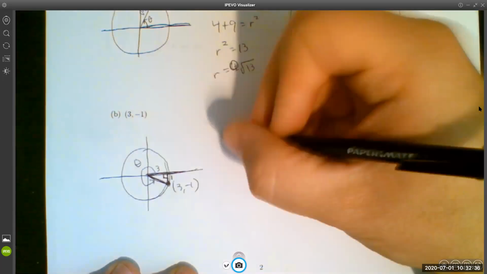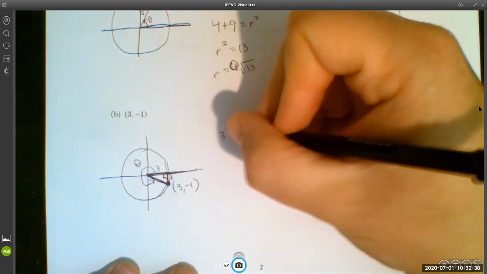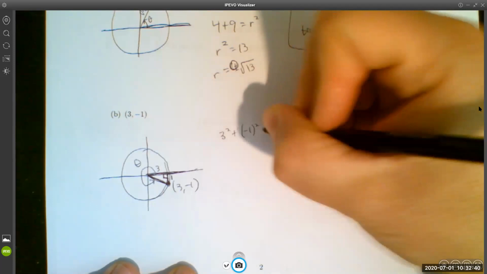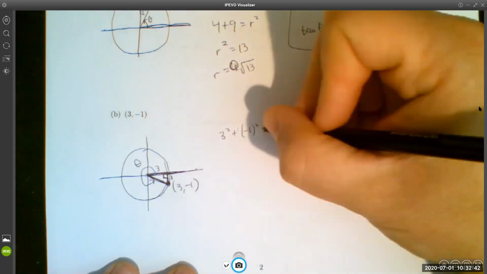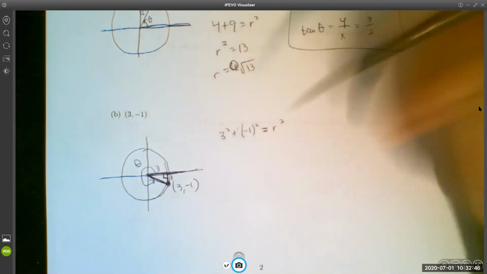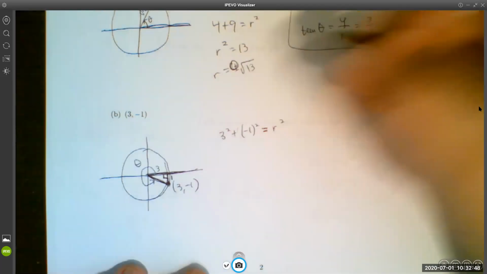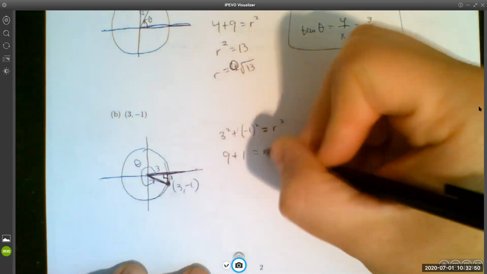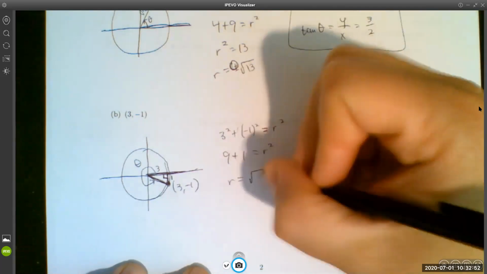And so we can solve for r. We can say x squared plus y squared equals r squared. It doesn't really matter if you use the positive or negative because you're going to be squaring it, so you're going to get a positive value anyway. 9 plus 1 is r squared, so r is root 10.